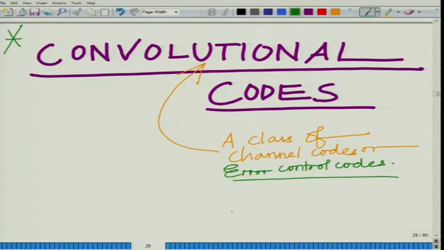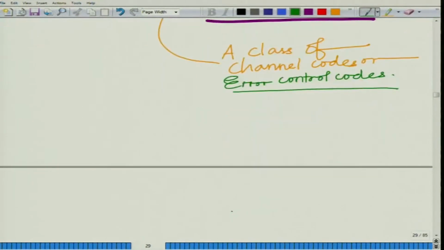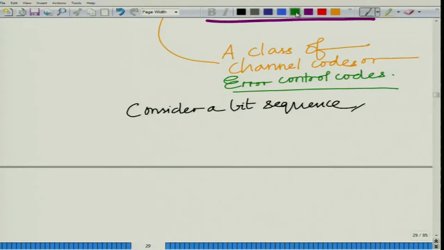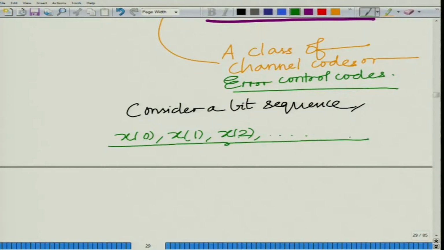Now, consider an information bit sequence, and this can be possibly infinite.